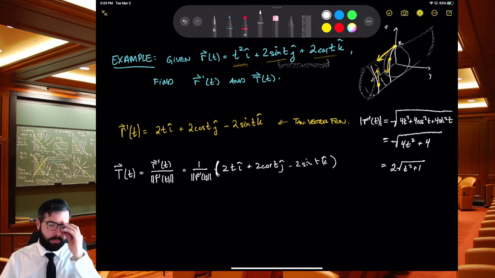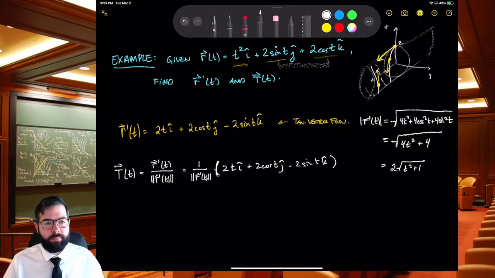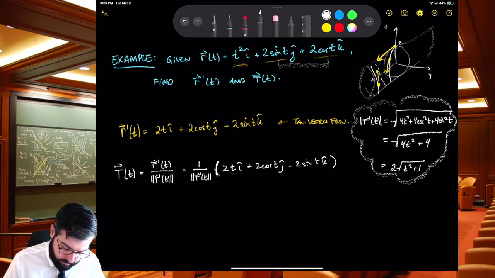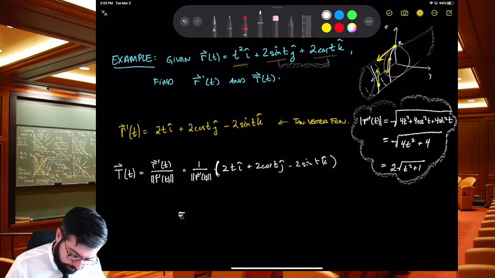In general, and I mean in general, not every time, to simplify as best you can is probably the right call. A lot of our calculations get a little laborious, so it's best to reduce things as much as you can. So here's this magnitude.